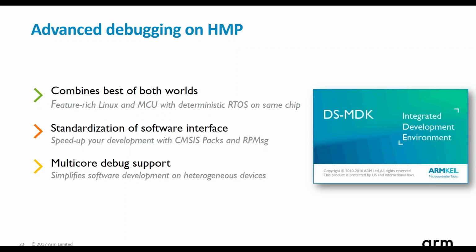We can see how we simplify inter-processor communication using RPMsg. RPMsg is part of a CMSIS pack, so it's even easier to integrate in your application. And you can see that DS-MDK supports multi-core debug as well, so we can connect at the same time, sorry, to the device.